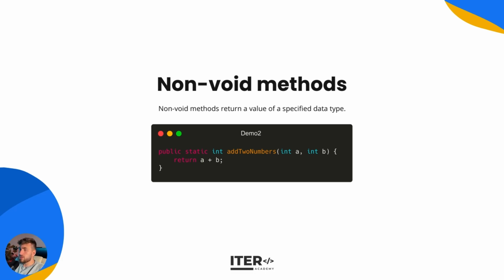Notice that the keyword int is used before the method name in the declaration to specify the return type of the method. So these are the two main types of methods in Java: void and non-void methods. Also, please note that we are currently using the static modifier. We'll discuss it later. For the time being, let's just use it.